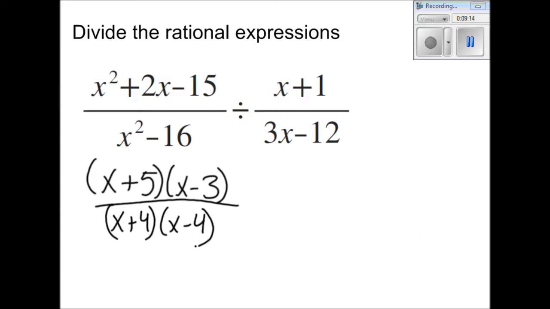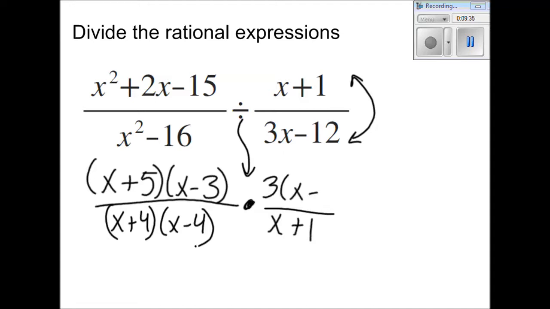And now it's time to turn this from division to multiply, and then you're going to want to flip these two. So now there's an x plus 1 on bottom, and I have 3x minus 12 on top, but I have a GCF there, so let's pull out the 3, x minus 4.